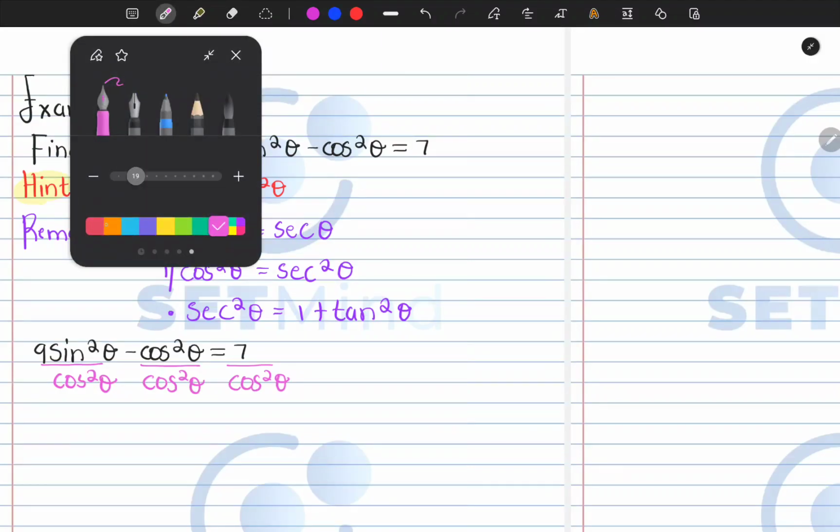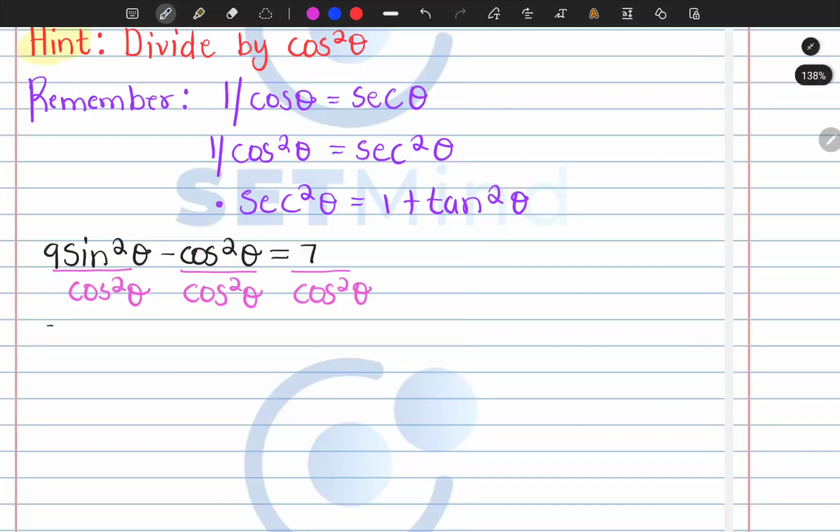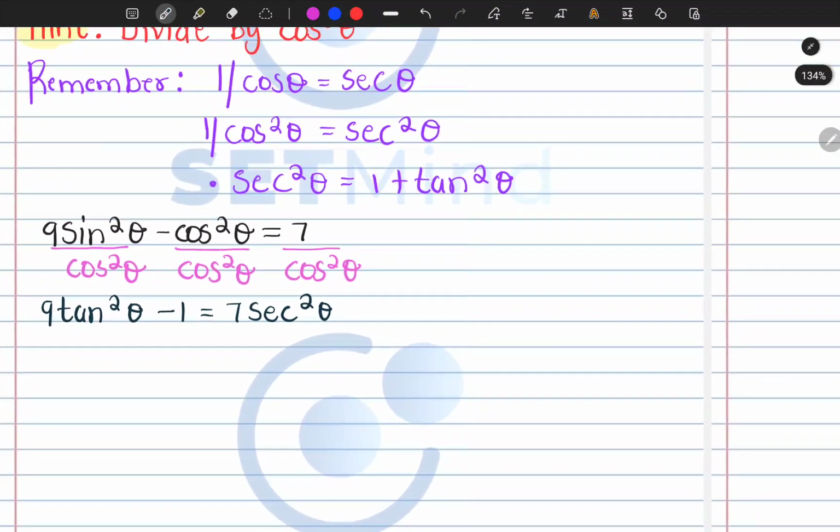Sine over cos will obviously give us tan, so we'll have 9 tan squared theta minus 1 equals 7 sec squared theta. Because the cos is on the denominator, it becomes a sec when it goes up.